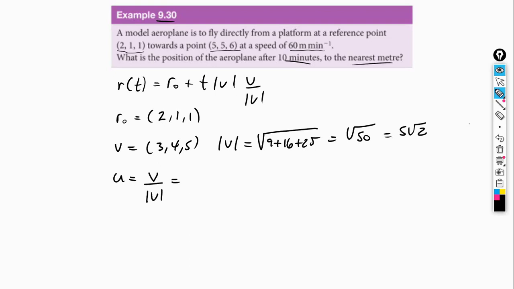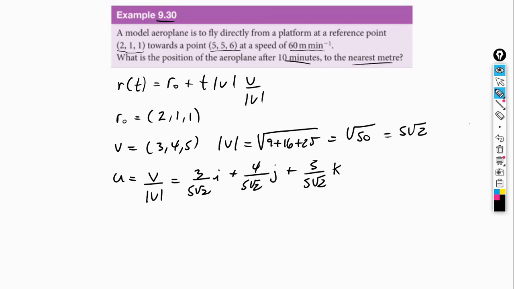So this would give us 3 over 5 square root of 2 i plus 4 over 5 square root of 2 j plus 5 over 5 square root of 2 k. And then we're ready because all we have to do is plug the information in.